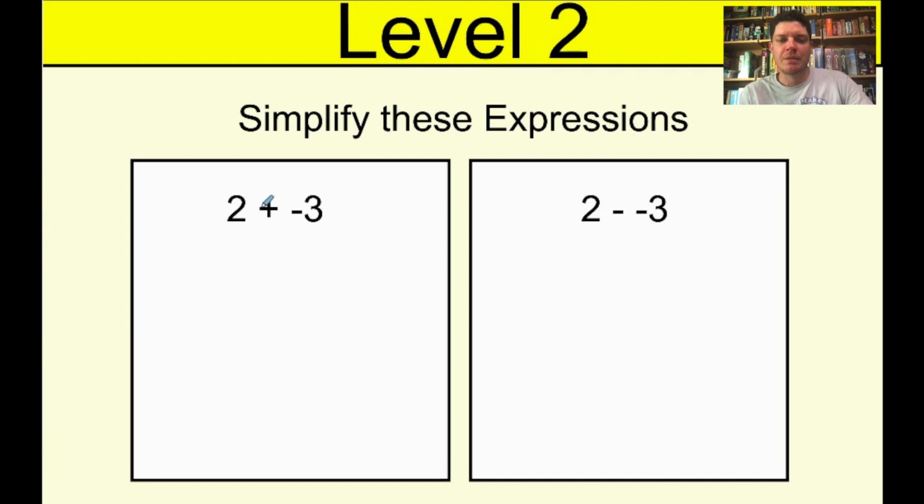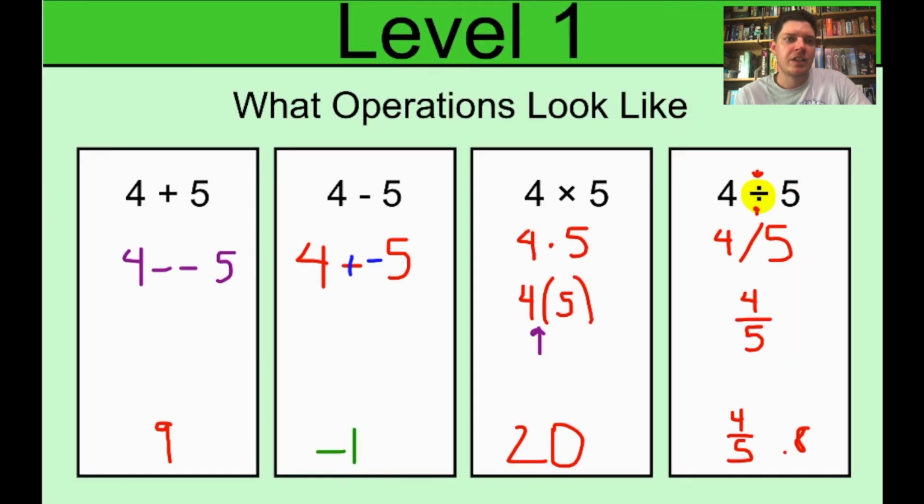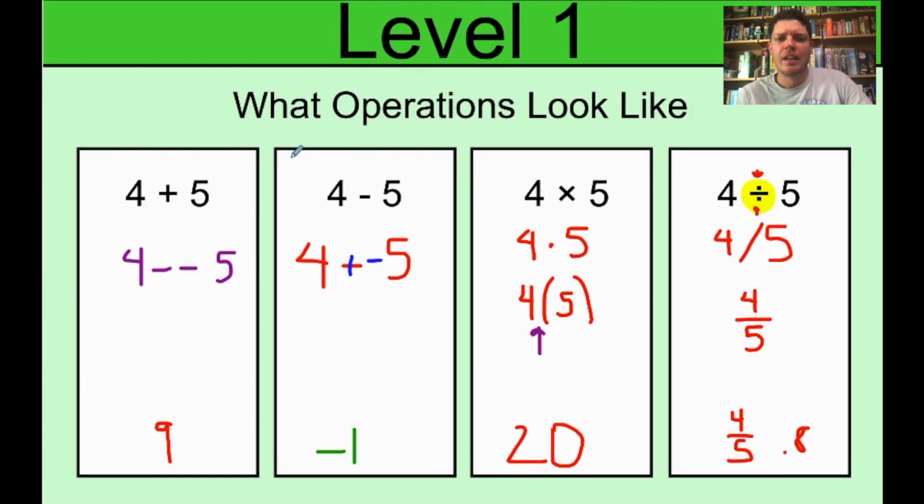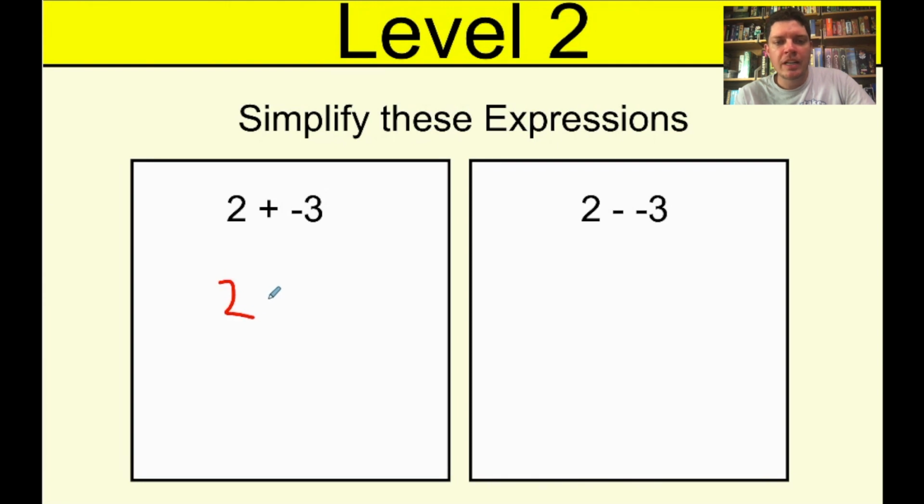What if we wanted to simplify these expressions? Well, I'm going to use the hints that we just barely looked at on this page. So if I see 2 plus -3, that might be really confusing for me that way. And so maybe we want to rewrite that as 2 minus 3. And 2 minus 3 is -1.